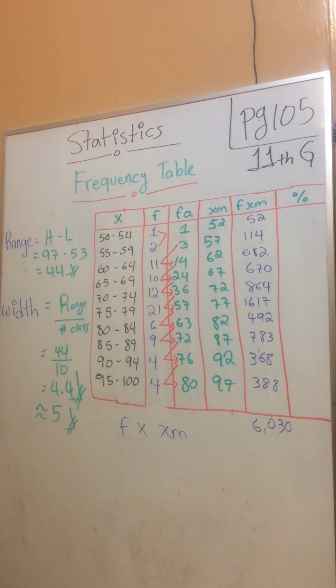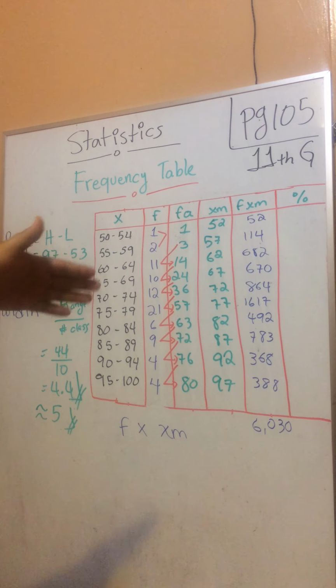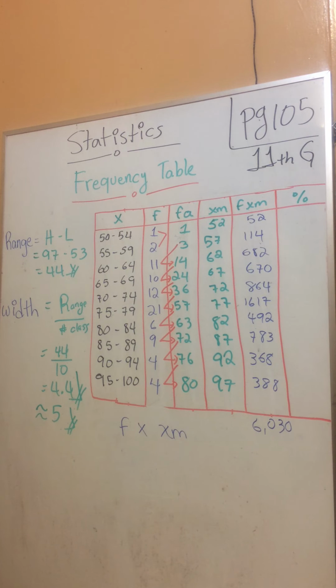Because 6,030 is the amount of points between all of the tests. We have 80 tests. So how many points do we have added between all of the tests? 6,030 points, between the 52s, the 114s, all of these. It's the addition of the result of each point of each exam.